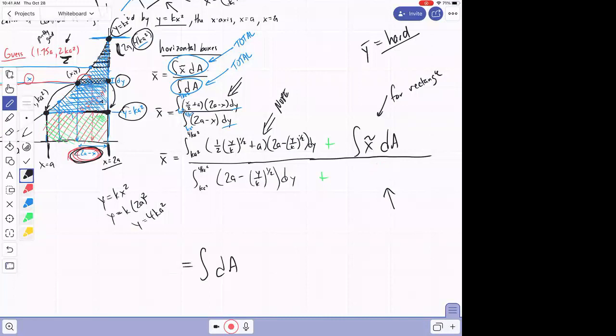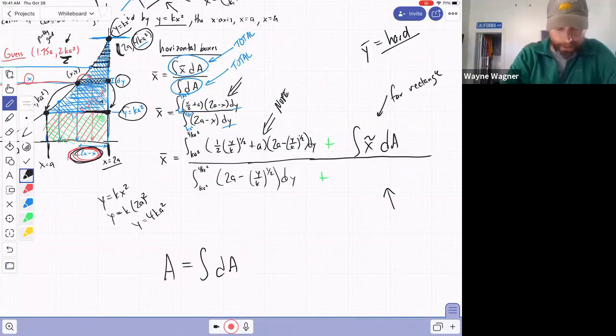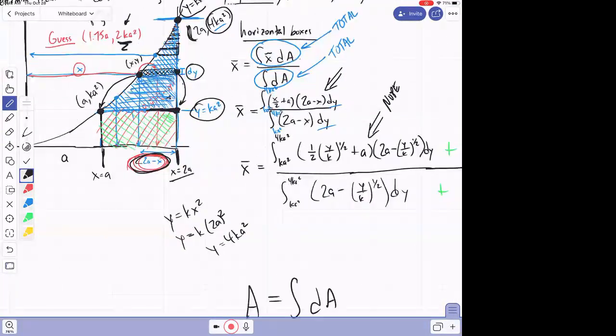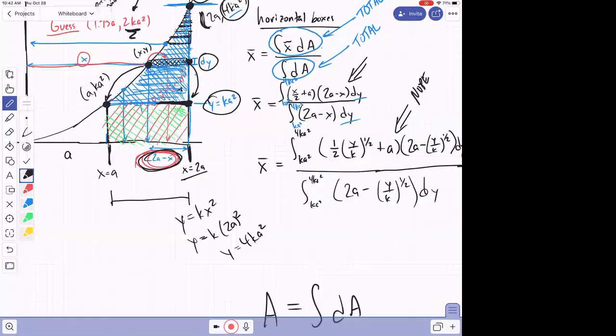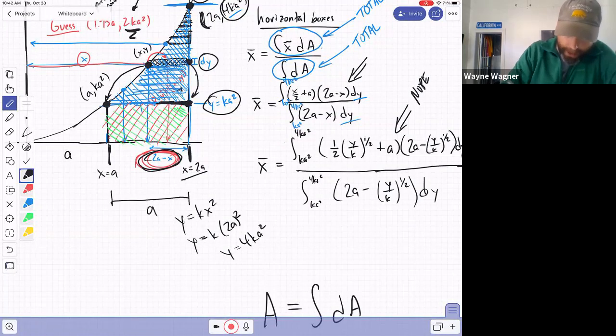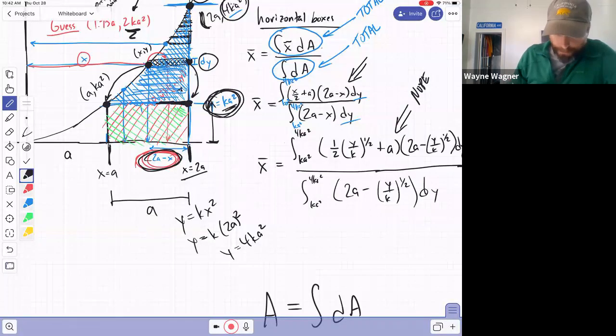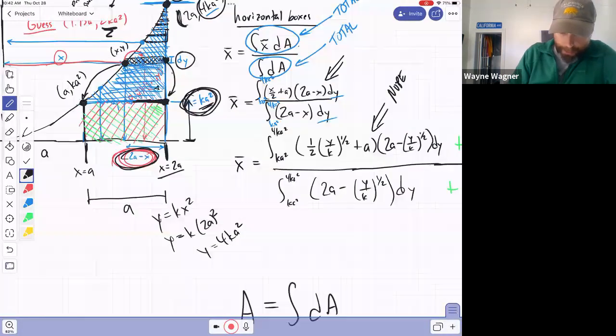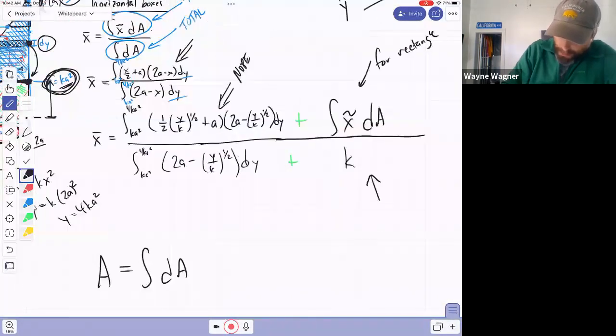A. Okay, what's the area of this rectangle? Length times width, right? The length of this rectangle looks like it's going from a to 2a, so it's a. The height of this rectangle is going from 0 to ka squared, so it's ka squared. So the area of this rectangle is ka cubed. No need to integrate.